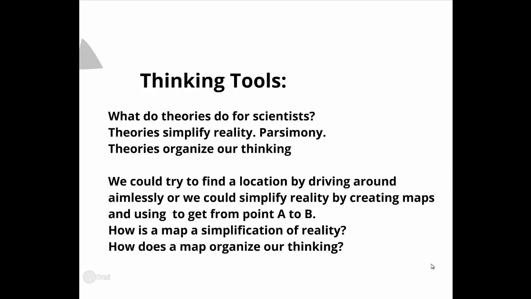If you talk to an alcoholic and ask them to tell you their story about their alcoholism, they will tell you a story with a lot of details about their lives and everything they did, and this happened and that happened. And we social scientists listen to all that, but in the end, we want to create a theory that simplifies reality and organizes our thinking and says, you know what?